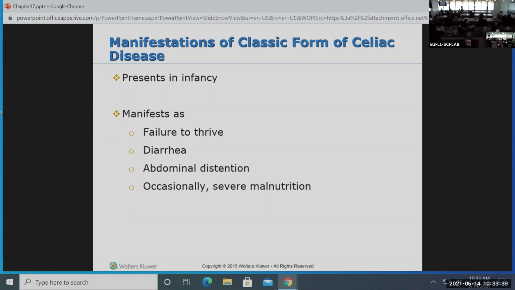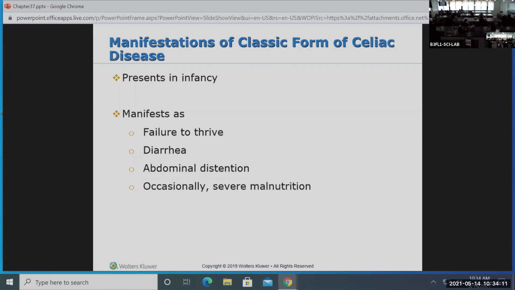So, the patient with celiac disease usually presents in infancy, from very early childhood, manifesting as failure to thrive because of the nutrition they're having, they are unable to absorb. That's why they fail to thrive. They're not gaining weight. They're having diarrhea, abdominal distension. Occasionally, they do develop severe malnutrition.